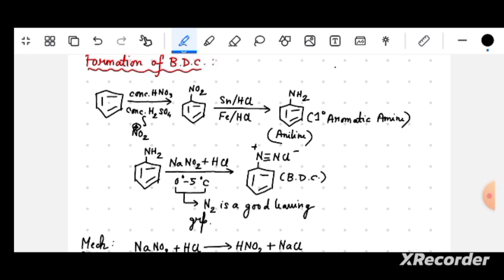So most of the chapter amines will be covered, because generally benzene diazonium salts are covered alongside amines, and later on I will start the lectures of IUPAC, isomerism, general organic chemistry, then hydrocarbons, haloalkanes, haloarenes, and aldehyde ketone carboxylic acids, alcohol, phenol, ether, etc., and all the chapters of chemistry and physics.